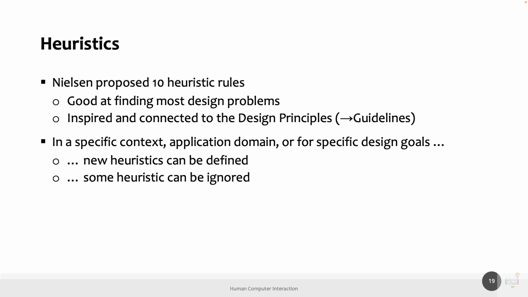Of course, in a specific context, in a specific application domain, you can also decide to define your own heuristics. So if your application is related to, I don't know, human-AI interaction, a very specific domain, you can also think about defining your own heuristics and test your design with these specific heuristics. But in general, you typically use the ones proposed by Nielsen.